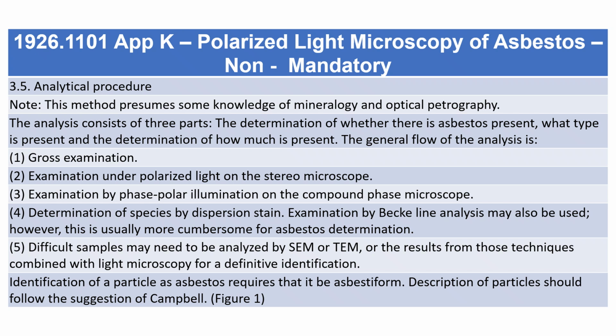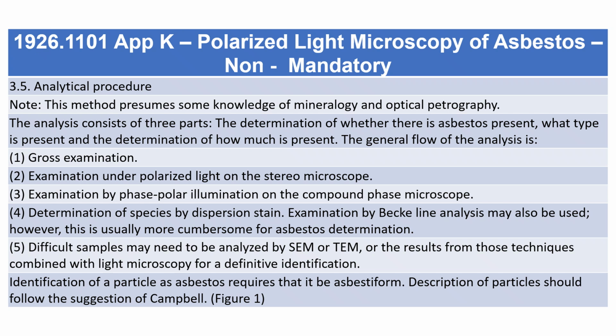Examination by phase polar illumination on the compound phase microscope. 4. Determination of species by dispersion stain. Examination by Becke line analysis may also be used, however, this is usually more cumbersome for asbestos determination. 5. Difficult samples may need to be analyzed by SEM or TEM, or the results from those techniques combined with light microscopy for a definitive identification.